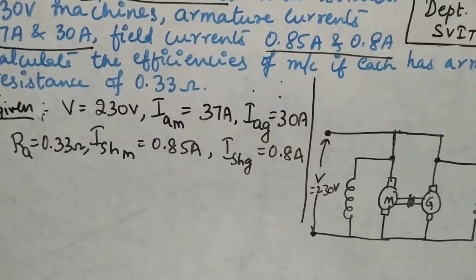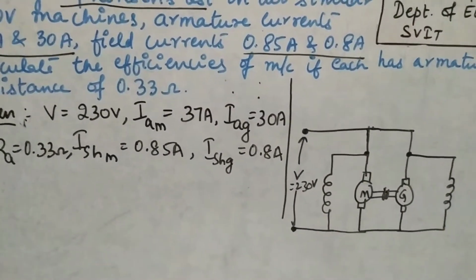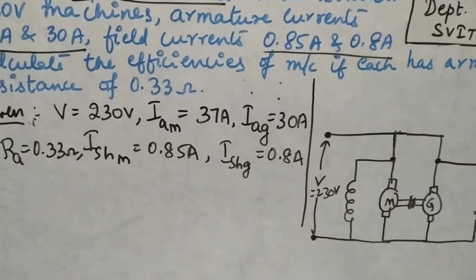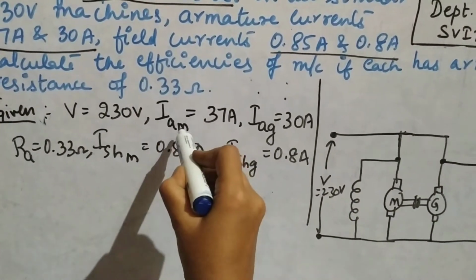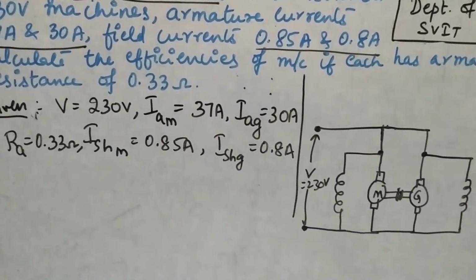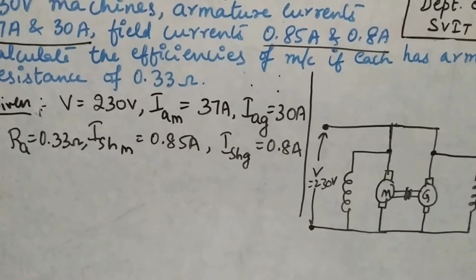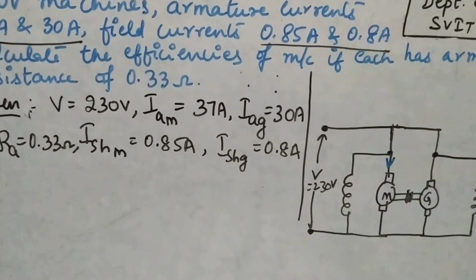Now let us mark the indication of the currents, IAM, the armature current. The motor takes an electrical input, therefore the current direction will be inward.